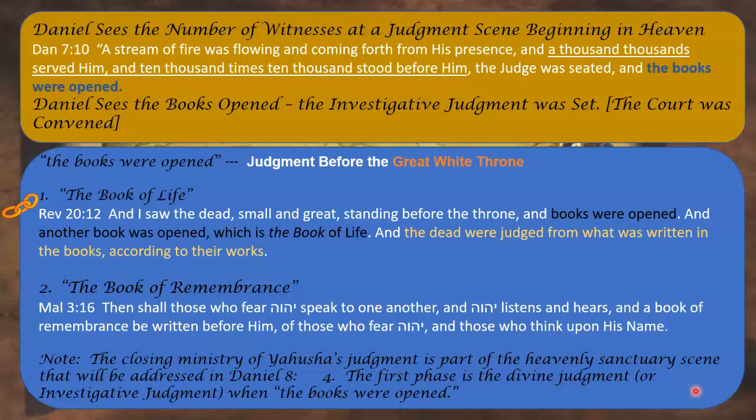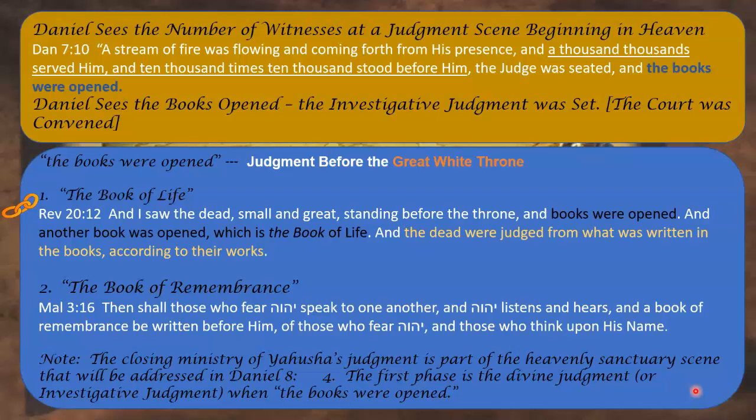Daniel sees the books opened. The investigative judgment was set. The court was convened. So in those words right there, 1,000 thousand served him and 10,000 times 10,000 stood before him. Very similar language to what we just read in Revelation 5.